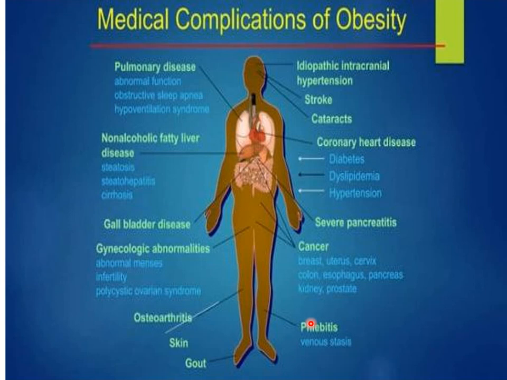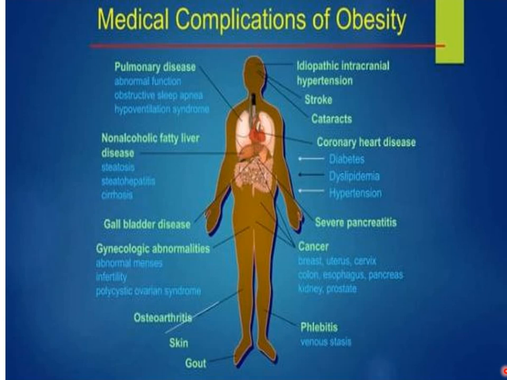So, let's see why we are doing bariatric surgery for obese people. Because you know that obesity predisposes people to pulmonary diseases, idiopathic intracranial hypertension, stroke, DVT, coronary heart disease, non-alcoholic fatty liver disease, severe pancreatitis, cancer, phlebitis, osteoarthritis, gallbladder diseases, gynecological abnormalities, gout, skin problems, all these things.